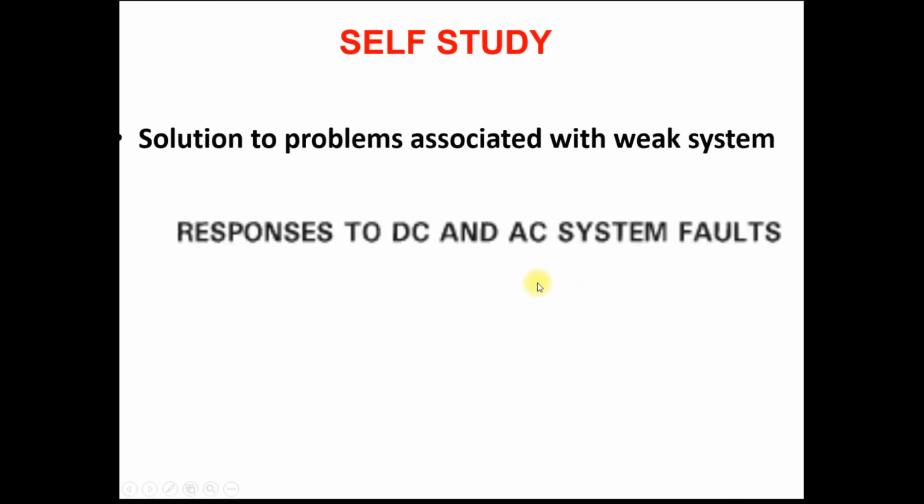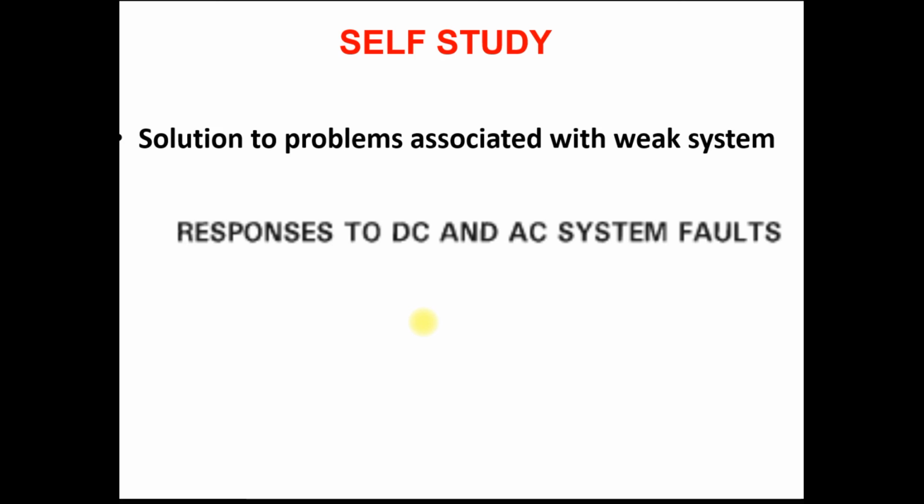Now the next topic is the solution to the problems associated with this weak system. Whatever the problems, high dynamic overvoltage, voltage instability, harmonic resonance and voltage flickers, how to solve these problems with the weak system? That topic I give you as self-study. And the second topic, the response to DC and AC system faults, I also give as self-study.